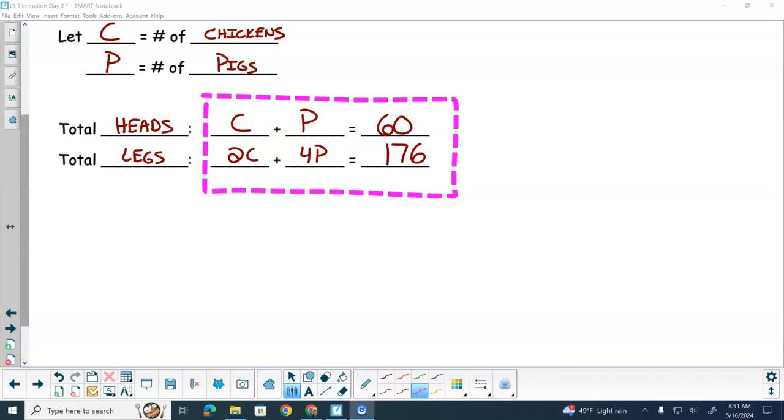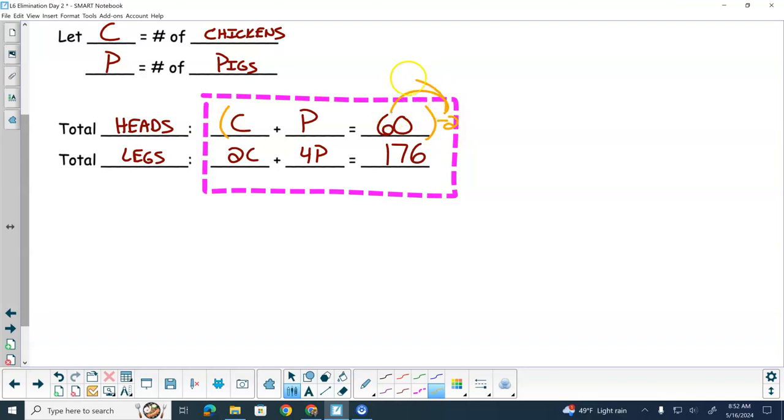Okay? So if we're going to eliminate C, I need to have the same number in front of the C's, right? Which means I'm going to multiply the top equation by 2, but I also want 1 to be positive and 1 to be negative, so instead we're going to multiply by negative 2.